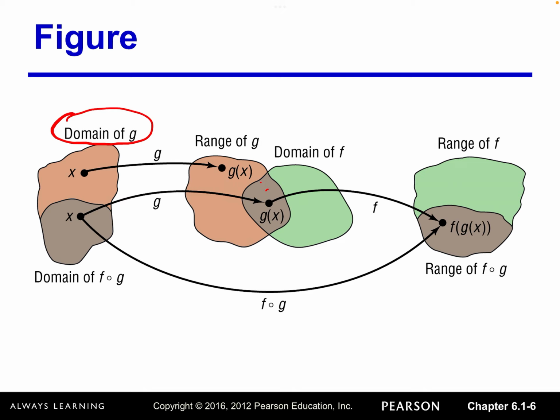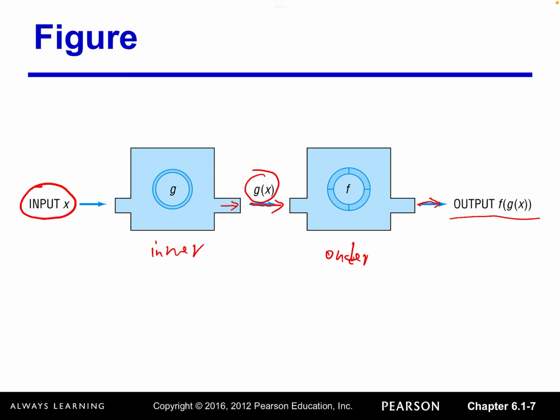That means the range of the inner function must be part of the domain of the outer function, and then it finally gets into the range of the composite function f composed with g. So it goes through two functions, the inner function and the outer function, and finally produces the output.